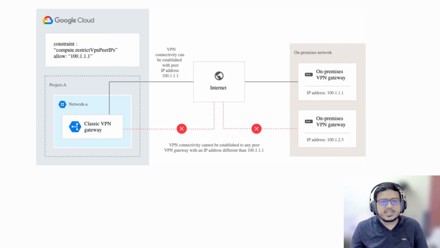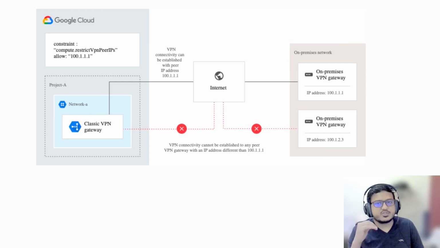Your traffic gets encrypted and decrypted by VPN gateways, and you have a very good connection with your cloud. But traffic travels through the public internet. That's the only disadvantage here. And if you need more bandwidth and a more robust connection, then Cloud VPN would not be a good option.